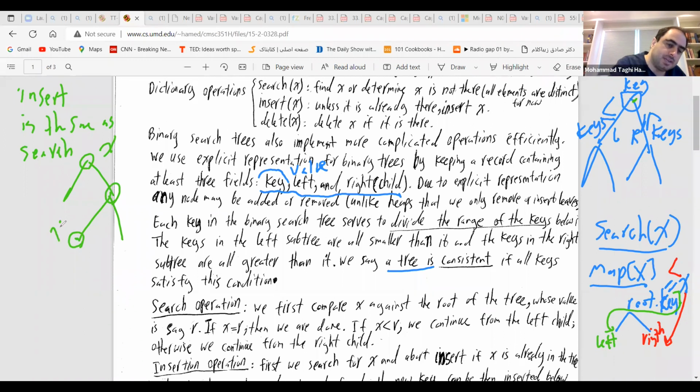If X is not equal to the key of this leaf, then depending on whether X is larger than this guy, you insert X here as the right child. And if it is smaller than this guy, you insert it as a left child. That's a very simple one. So insert and search are essentially the same. If you don't find it, then you are at the leaf, and you insert it on the left or right, depending on whether X is greater than the key of the leaf or less than the key of the leaf.